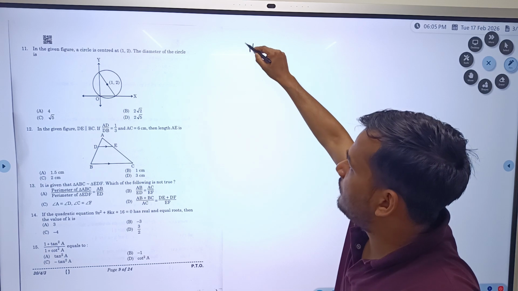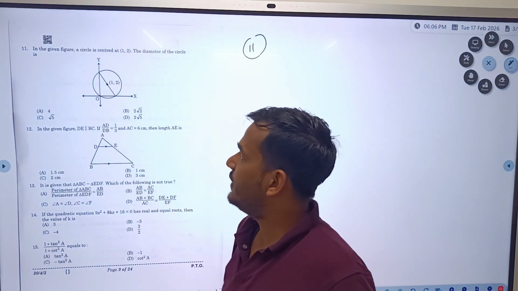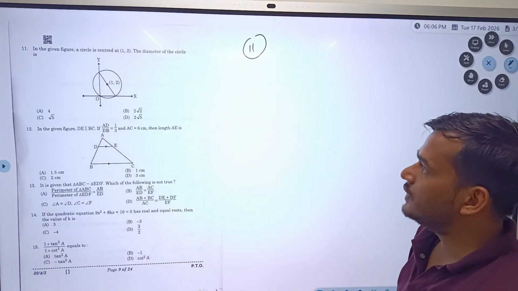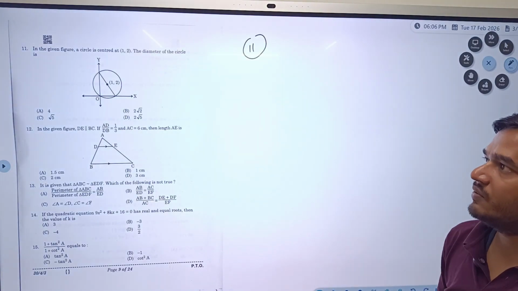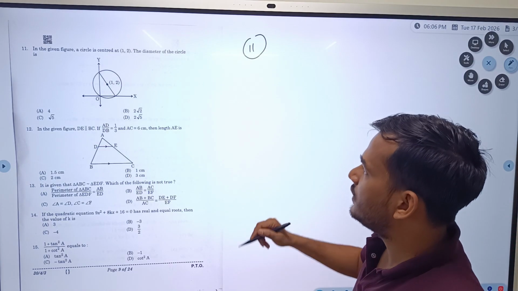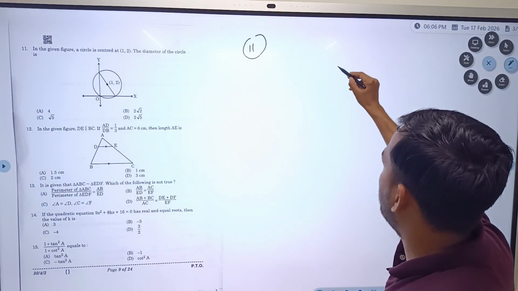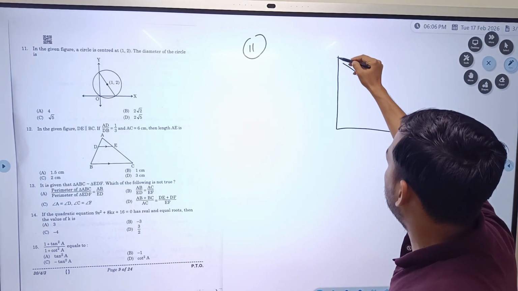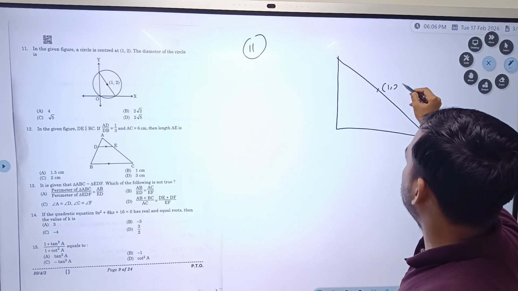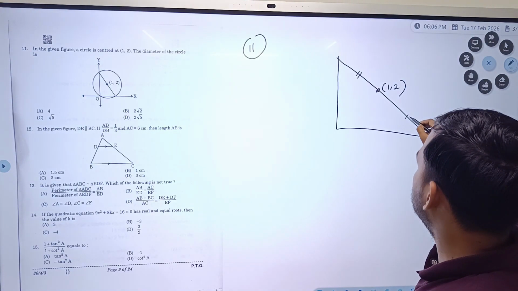Question number 11. In this question we have to find the diameter of the circle, but the center is given, and we know that the center is the midpoint of the diameter. So if you look at this triangle, 1 comma 2 is the center and these two are equal.